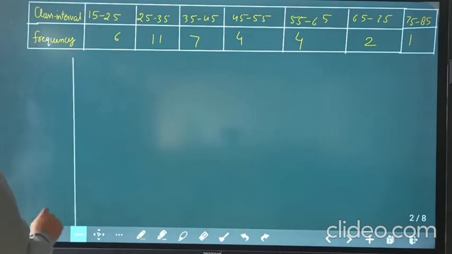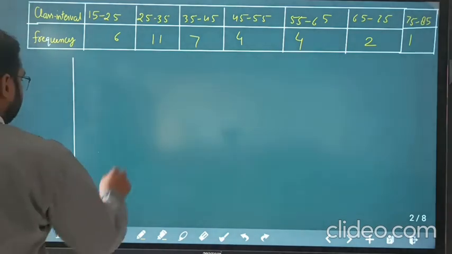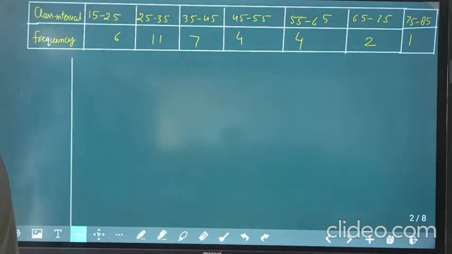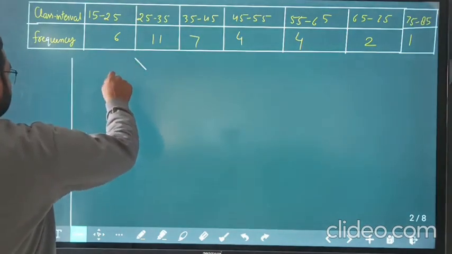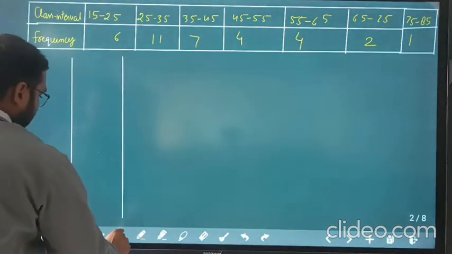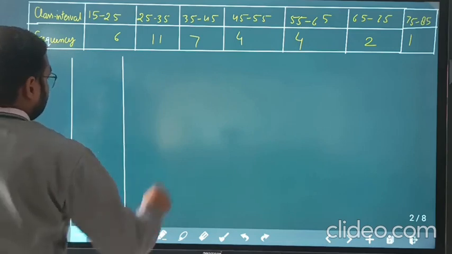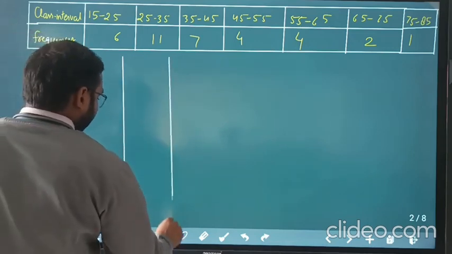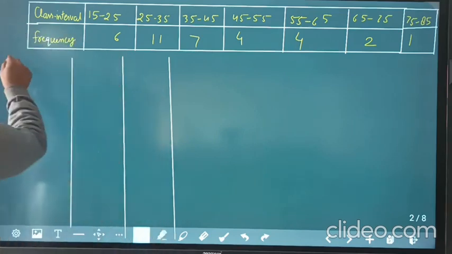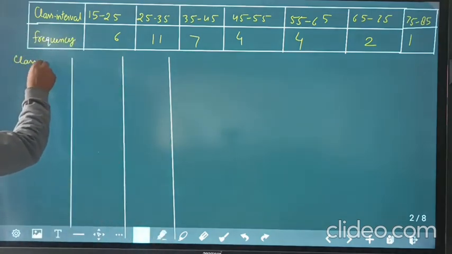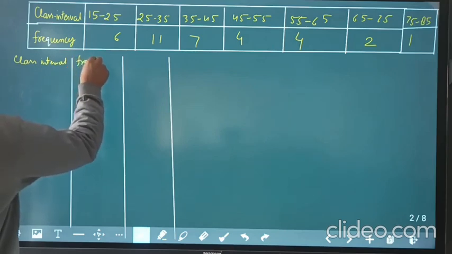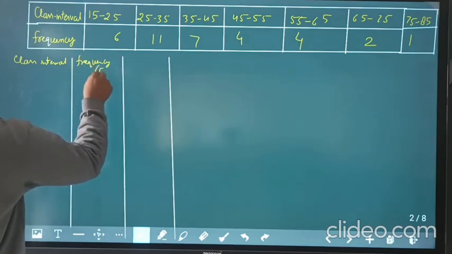in which the first column will be the class interval as before. The second column includes the frequency, that is also known as fi.